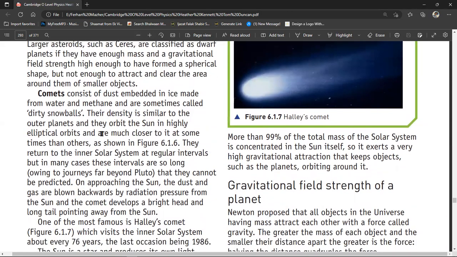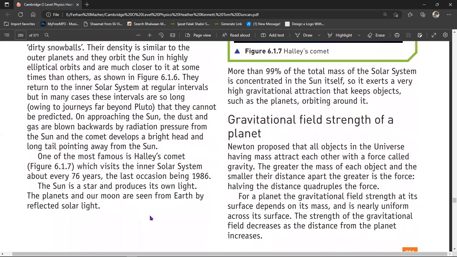So I will show you the elliptical shape. They return to the inner solar system at regular intervals, but in many cases, these intervals are so long owing to the journey far beyond Pluto that they cannot be predicted.